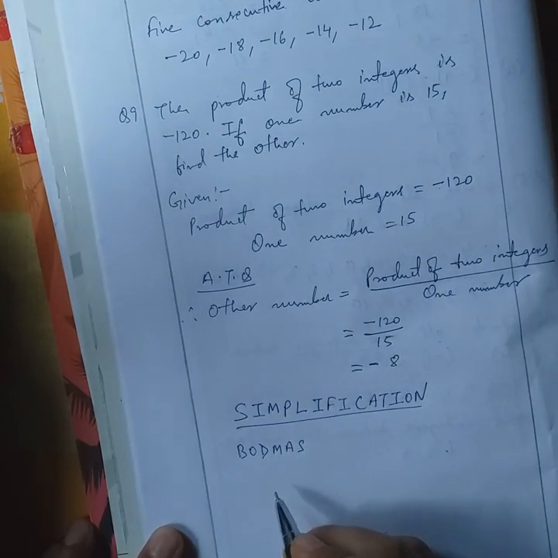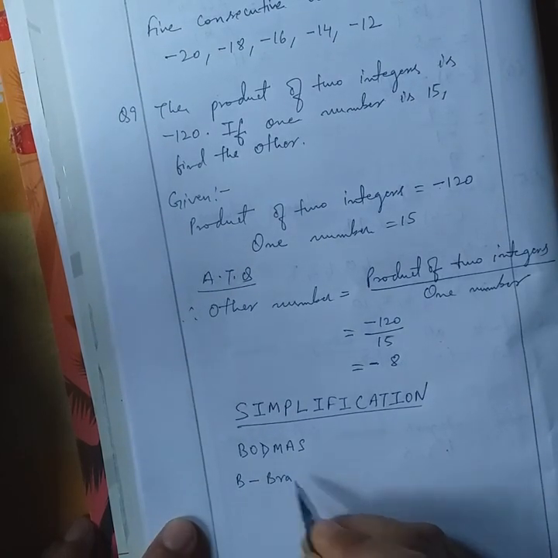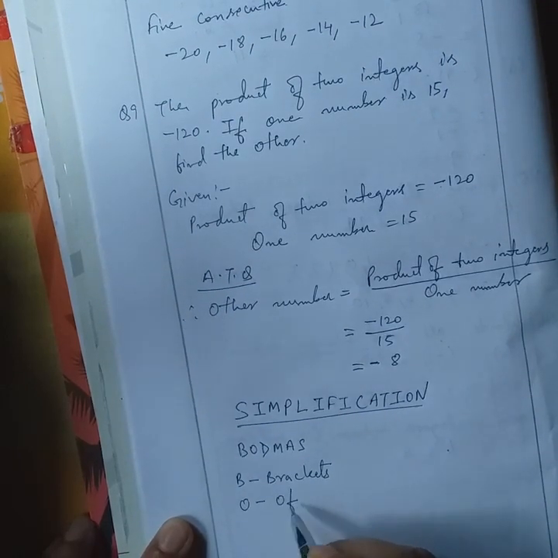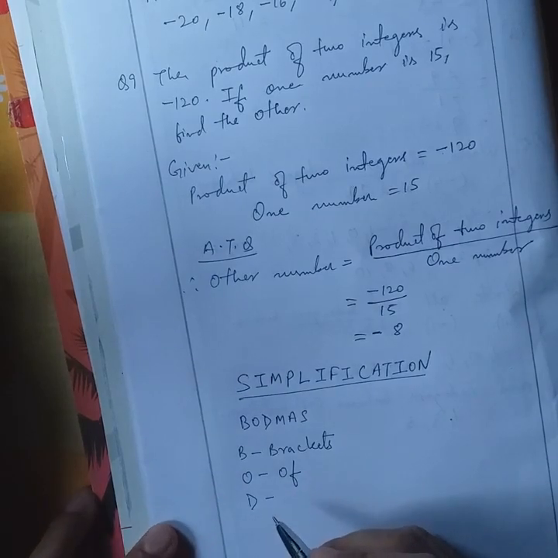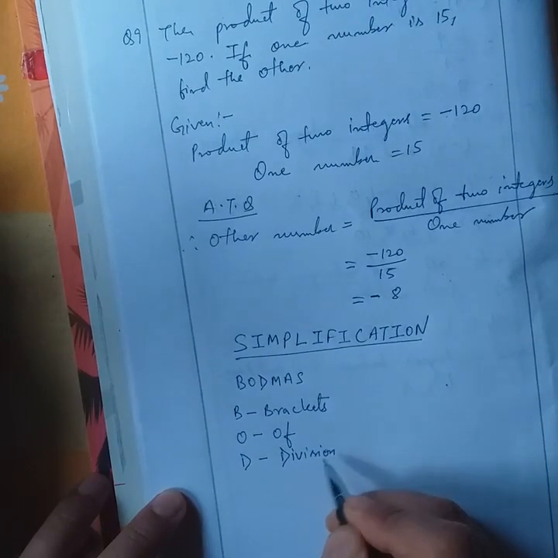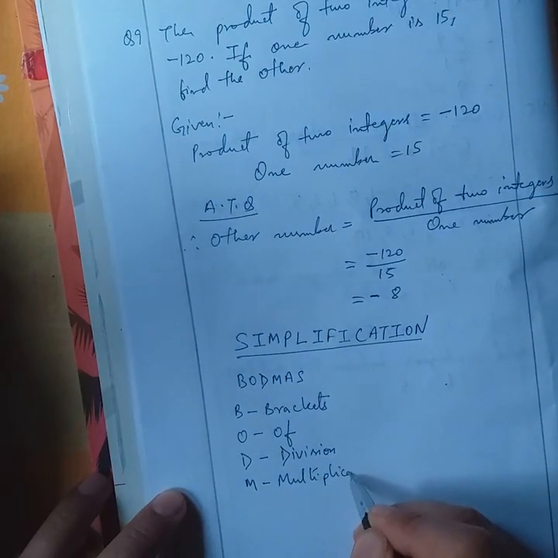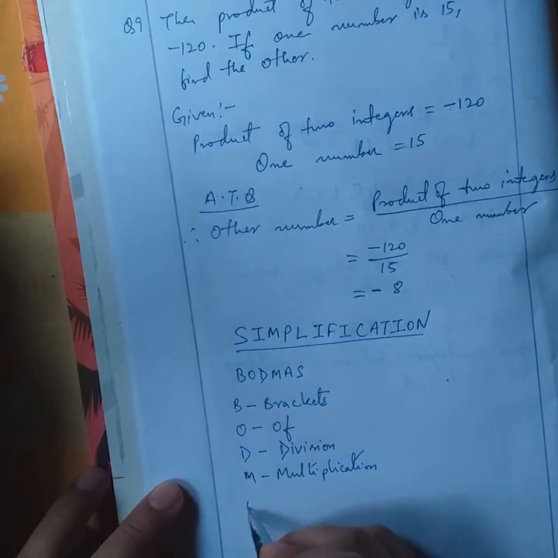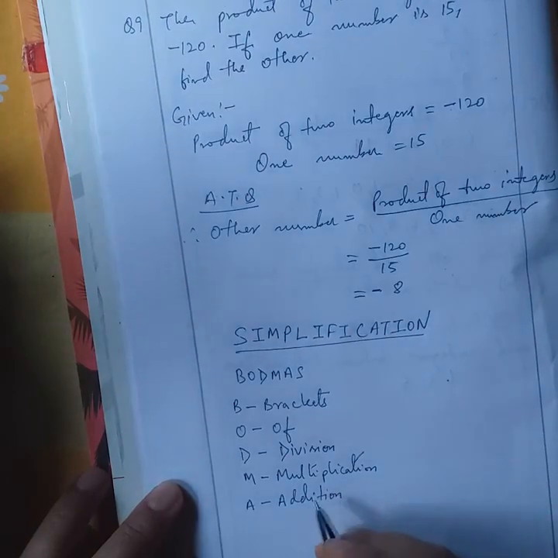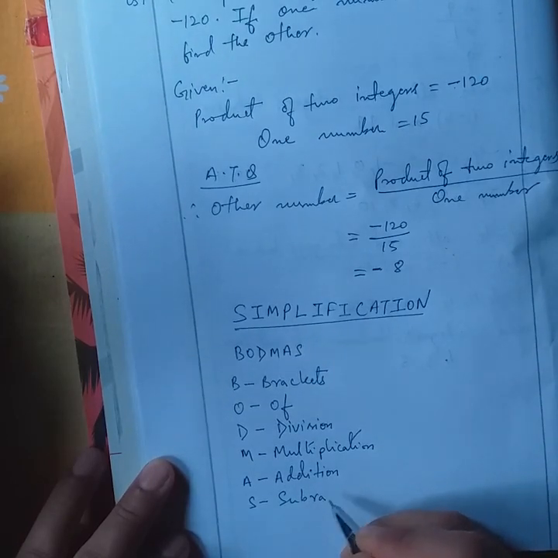B-O-D-M-A-S, BODMAS, where B stands for brackets, O stands for of, D stands for division, M stands for multiplication, A stands for addition, S stands for subtraction.